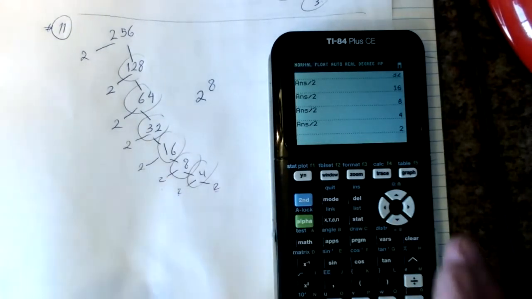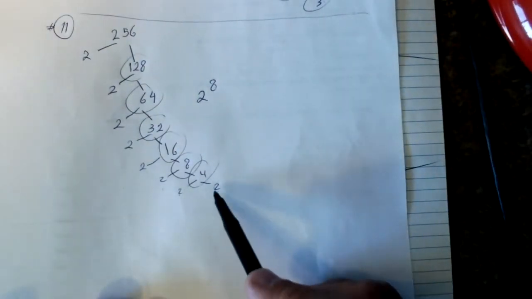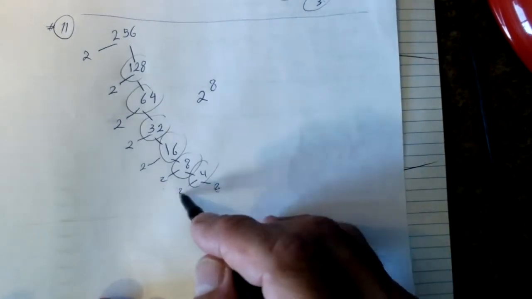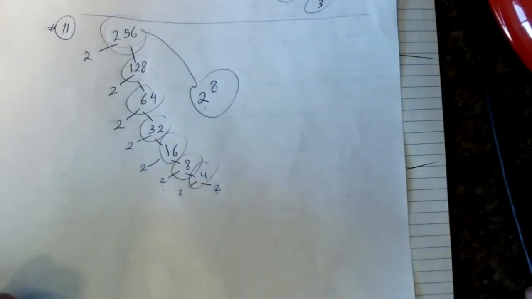Okay, so how many 2s are there here? 1, 2, 3, 4, 5, 6, 7, 8. 2 to the power of 8. So 256 is 2 to the power of 8.